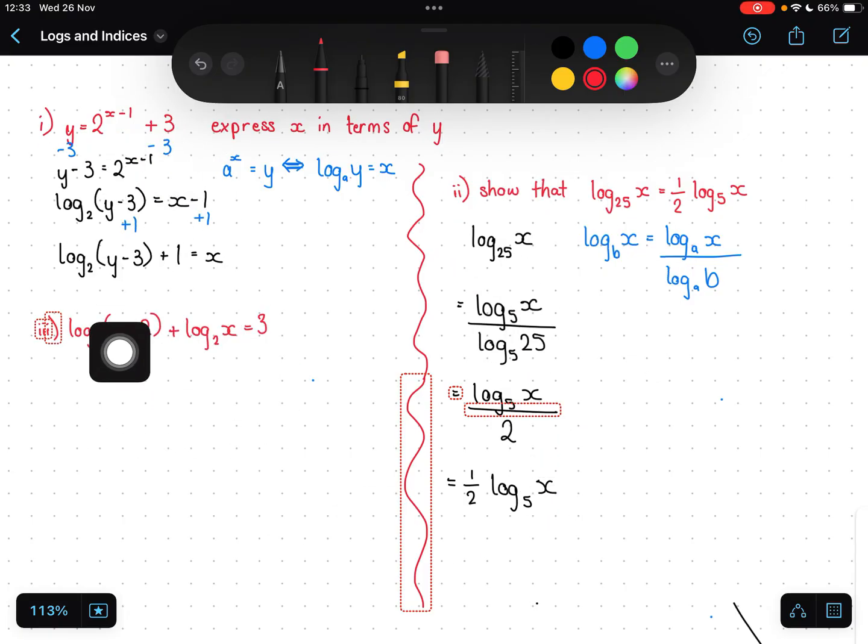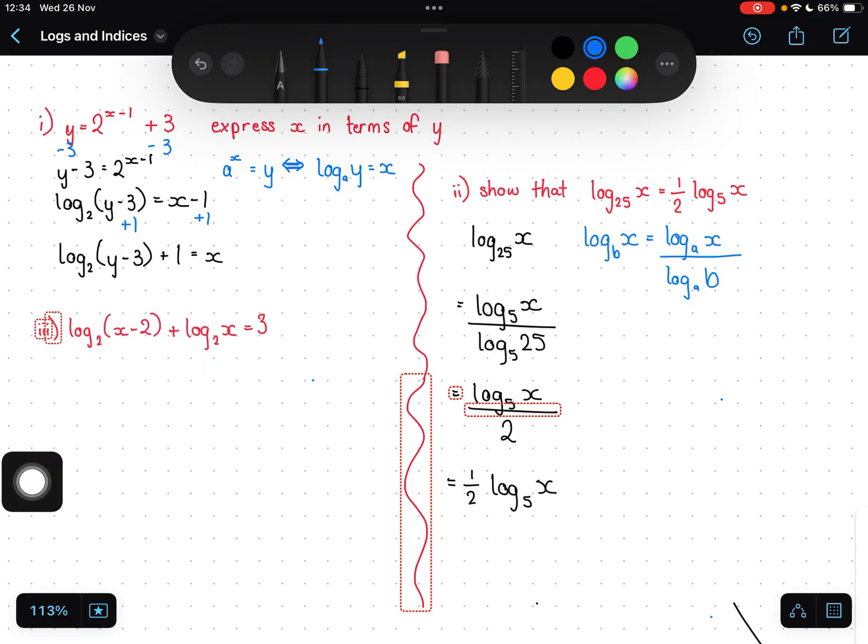So over here, if I was looking at that and I have my log rules open in front of me, I would see that I have the same base and two different big numbers and they are adding together. I know that that is equal to the bigger numbers multiplied together.